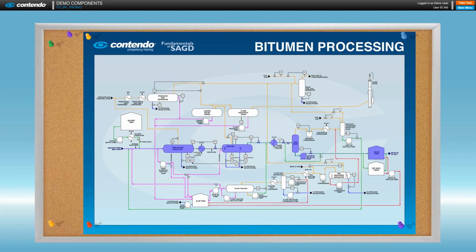You will follow the bitumen as it flows through a model SAGD central processing facility and learn how it is processed from a high-pressure mixed emulsion of bitumen, water, and hydrocarbon gas to oil, meeting all sales oil specifications.